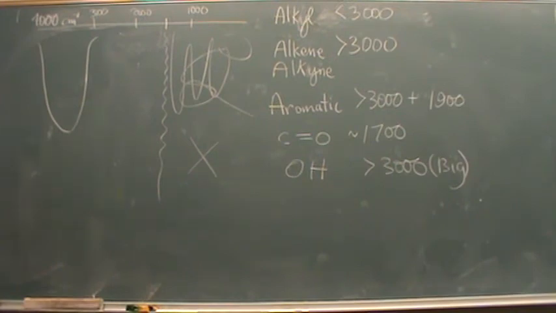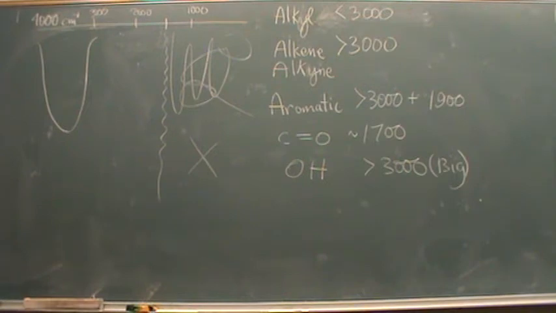You can take a look, most any OChem book will have a whole list of stuff that's in there. They'll have things about peaks in the 800 range and all the way down there. Sometimes there's a couple other helpful ones to know. You might want to know some things about the nitrogen groups.